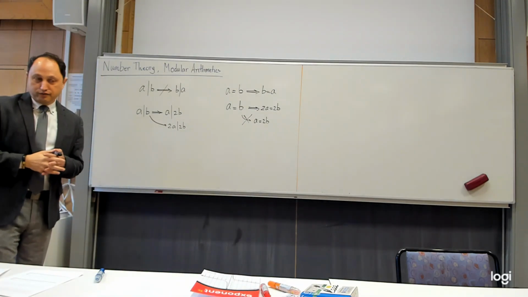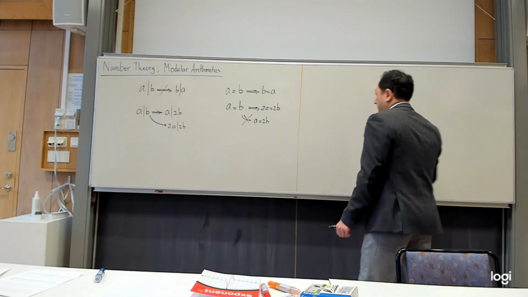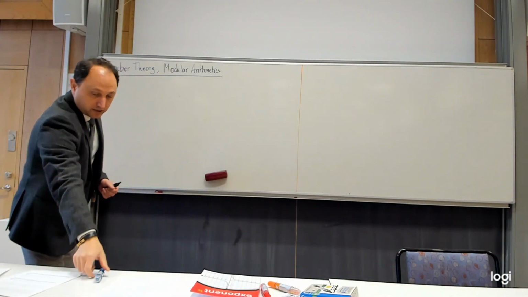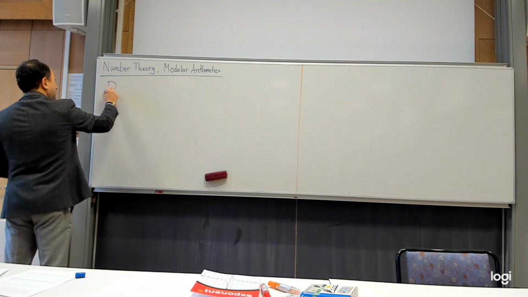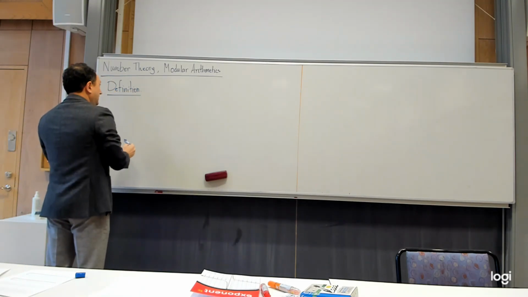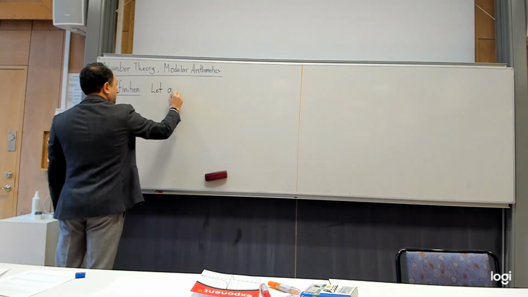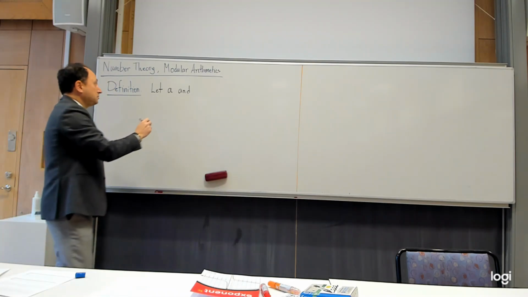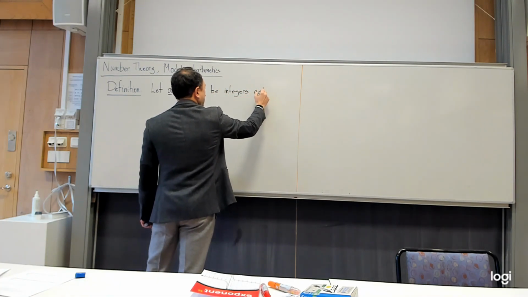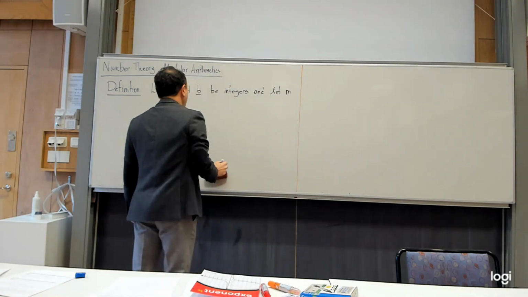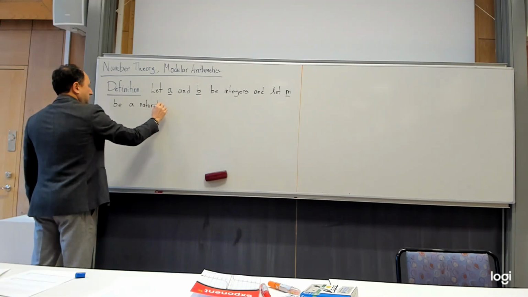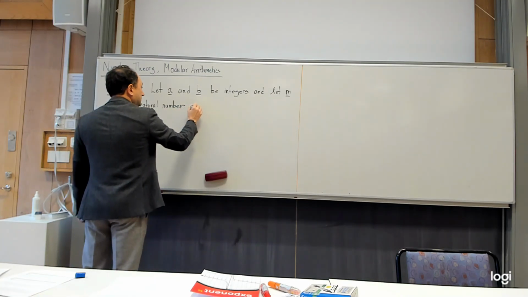Okay, so let me start the formal definition. Let A and B be integers, and let M be a natural number greater than 1.